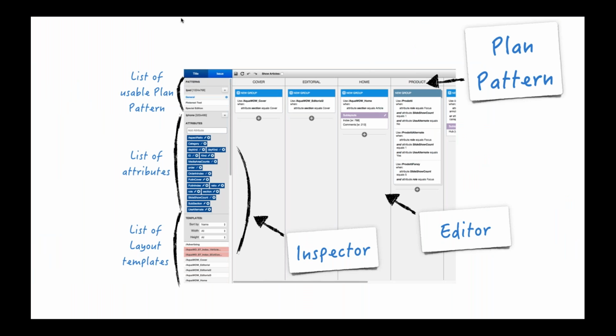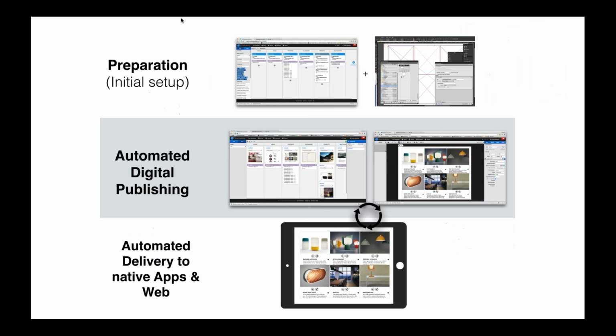On the left side, we are digesting and analyzing your XML content, and we are extracting automatically your attributes, which you could call metadata information, and we are applying your layout templates. And I won't dig too much more into this now because we don't have time, but it's very easy because all of that is done automatically. You just have to select the right templates per section with the right rules, and then as soon as you want, the engine will automatically get activated and will pull the content within these templates.